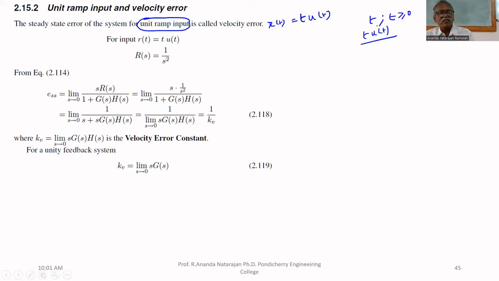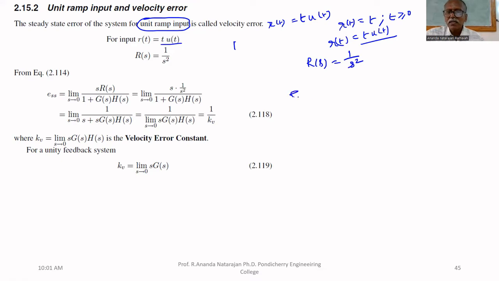Instead of writing two equations, R of t equals t when t is greater than or equal to 0, R of t can simply be written as t u of t. u of t exists only for t greater than or equal to 0, and its value is 1. It means a positive sided signal, t u of t. If you take the Laplace transform, R of s equals 1 upon s square.